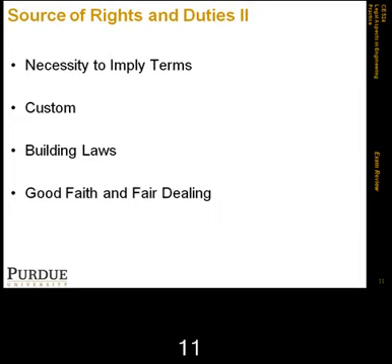Some of the applications of good faith and fair dealing are, for example, in how implied terms are being recognized. The terms that create good faith and fair dealing are the ones that are favored, of course.